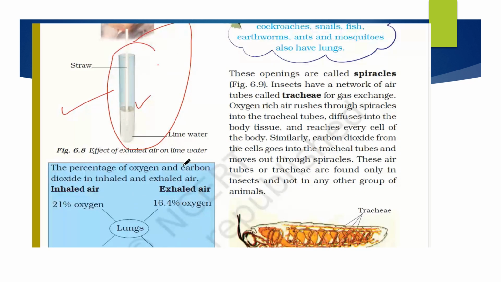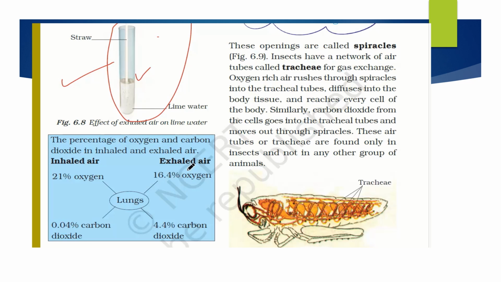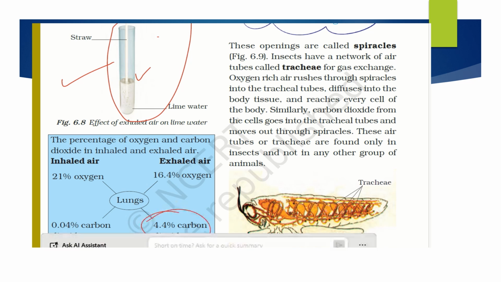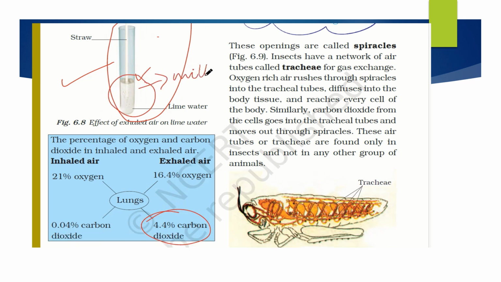Inhaled air contains 21% oxygen and exhaled air contains 16.4% oxygen, but exhaled air contains 4.4% carbon dioxide, whereas inhaled air contains 0.04% carbon dioxide. As the amount of carbon dioxide is more in exhaled air, the lime water turns milky. So whenever we pass carbon dioxide through fresh lime water, it will turn milky.